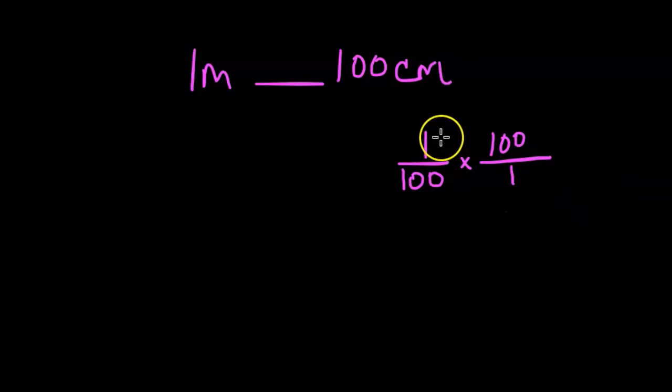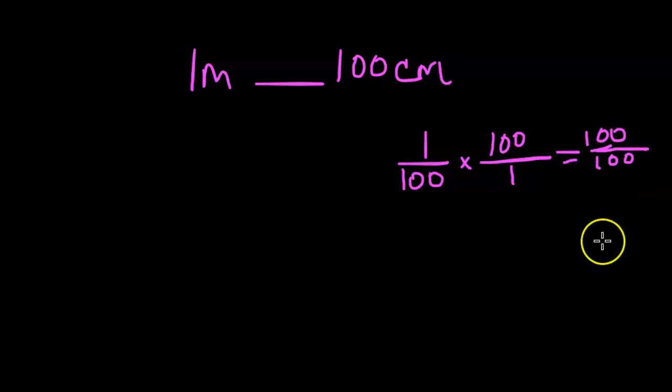All right, if I'm multiplying 1 centimeter by 100, I get 100 over 100. And who remembers what 100 over 100 would be? Equal to 1 meter. Okay, because any fraction that has the same numerator and denominator equals 1. So 100 centimeters is going to equal 1 meter.